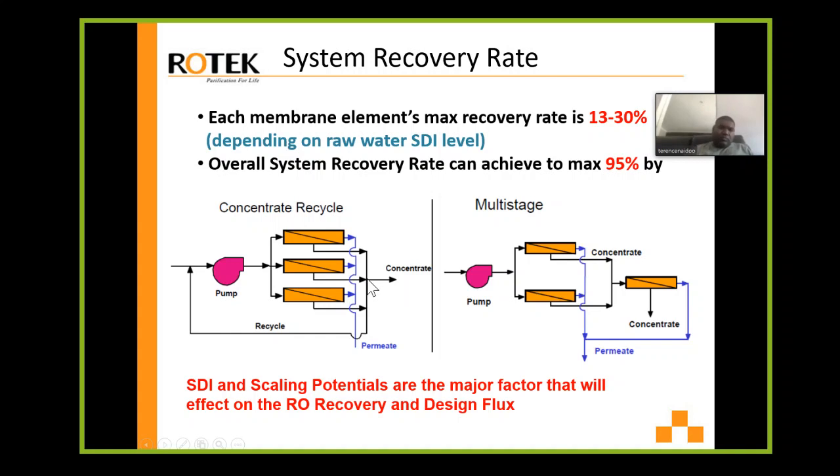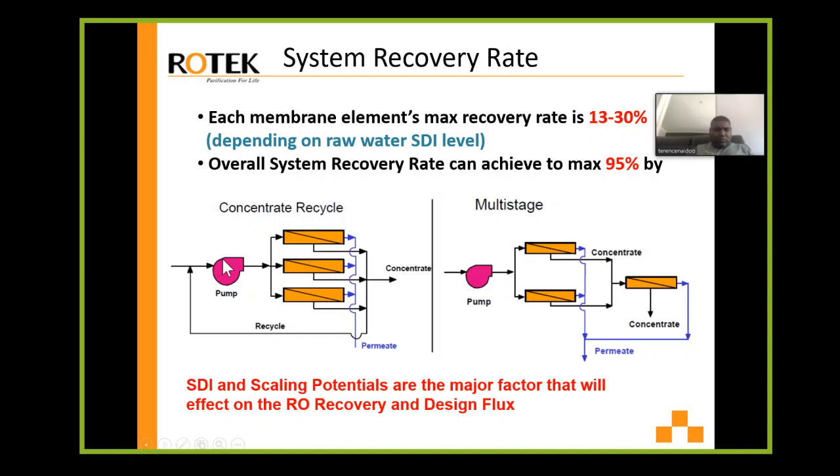So probably I can take 5 cubic meters per hour to be fed back to the pump, and 2 cubic meters per hour drain. So that makes the overall system recovery rate more than 50%. Okay, so this is concentrate recirculation. So the size of the pump will be 10 cubic meters per hour still.